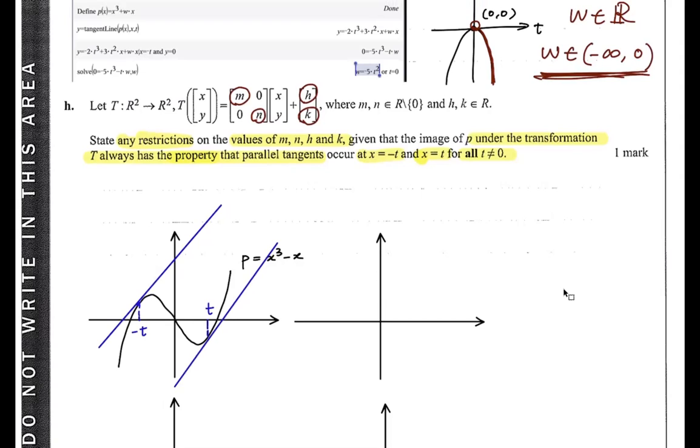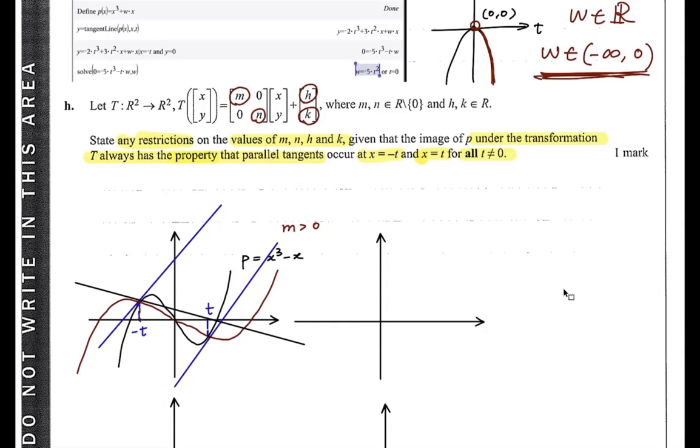If you somehow dilate, for example, let's say if m is greater than 0, you're actually widening the function. Now at this point, x equals minus t, the tangent line looks like that.